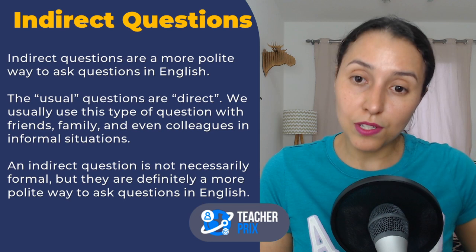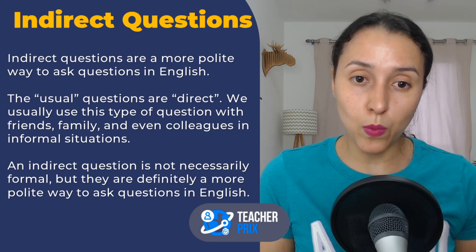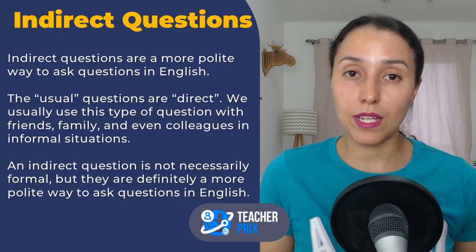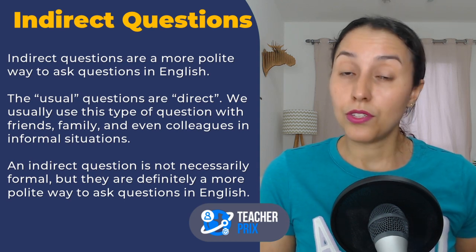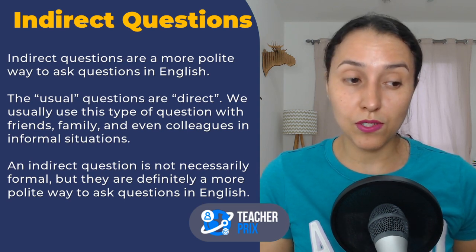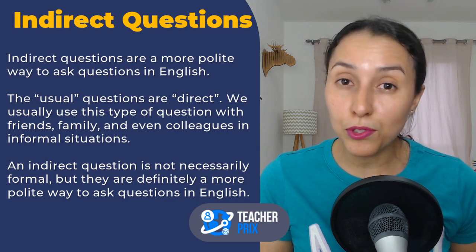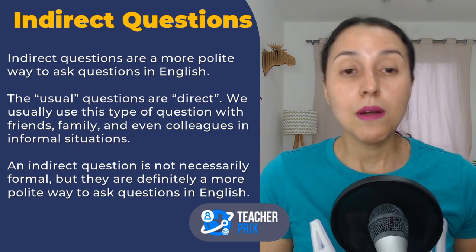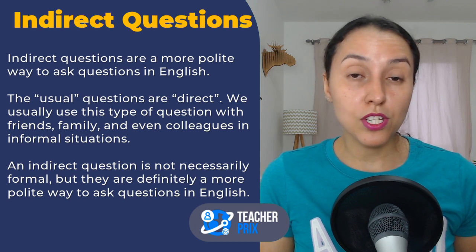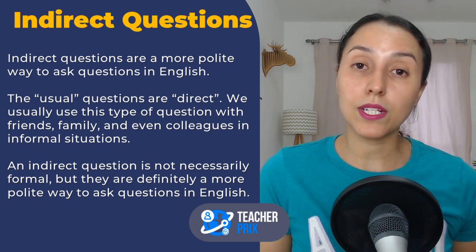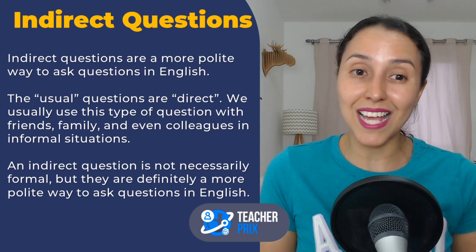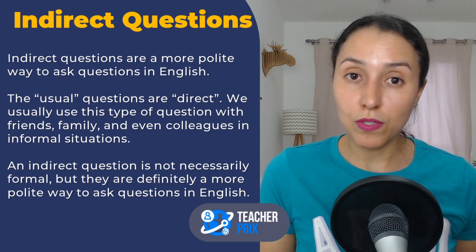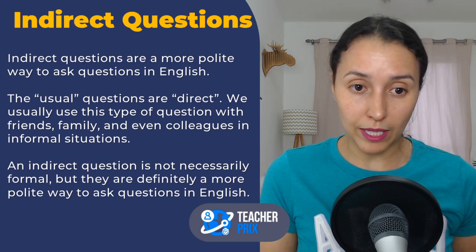So the position is specific when you're asking a direct question, and you never conjugate things when you're asking direct questions, okay? Now, there's nothing wrong with direct questions. You are not impolite if you're using direct questions. But depending on the situation, it is a good idea to use indirect questions, or to know what an indirect question is, so that you can decide which one is better for you depending on the conversation, okay?